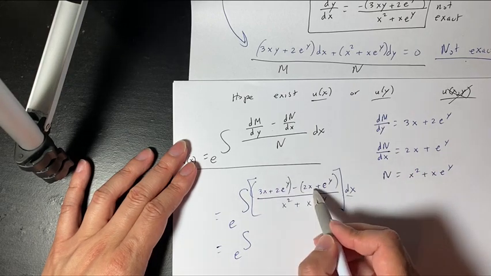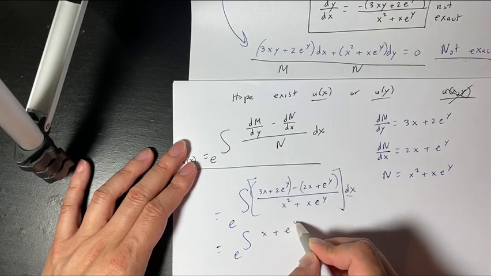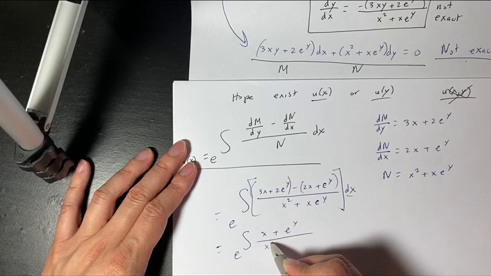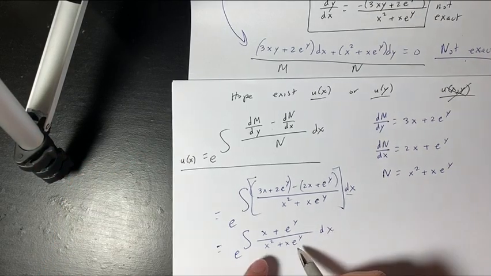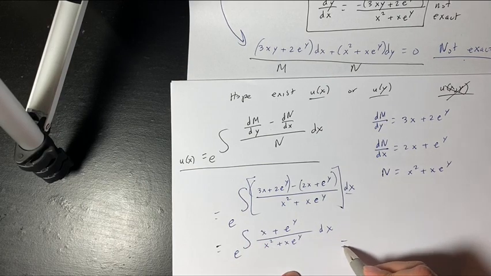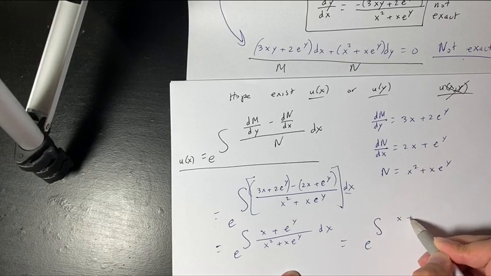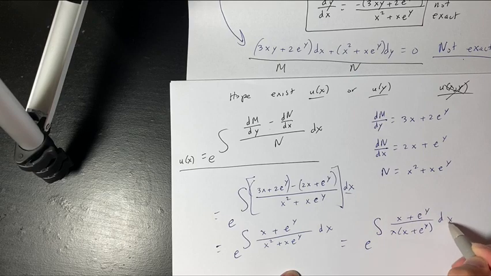Okay, 3x minus 2x is an x. 2e to the y minus e to the y is e to the y. And what do you notice? The bottom also contains a factor of x plus e to the y, if you factor out that x. There it is. It's just 1 over x. So this is e to the natural log of x.